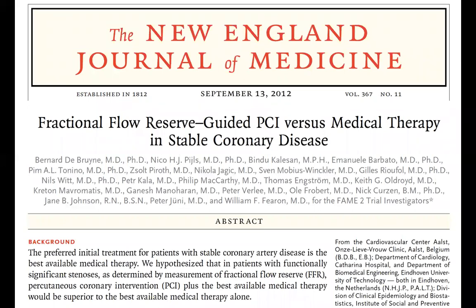This was looking at whether or not you should use FFR, or fractional flow reserve, to guide when to put a stent in. And this study at the time, I don't think could have been done in the United States because they based their placement of a stent in a patient entirely based on the FFR.